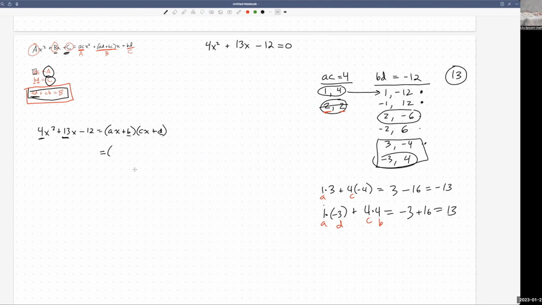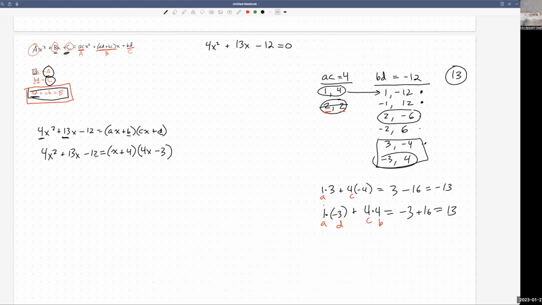A is 1, so I'm not going to write that. B is 4. C is 4, so I get 4x, and D is -3, and I get -3. Now our claim is that according to the rule we've set up, 4x squared plus 13x minus 12 should be equal to x plus 4 times 4x minus 3.